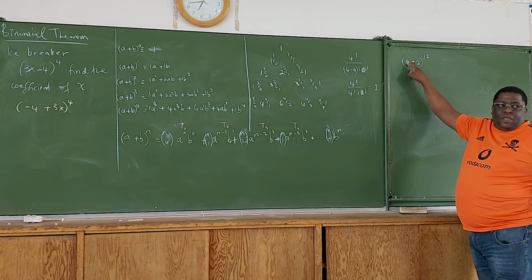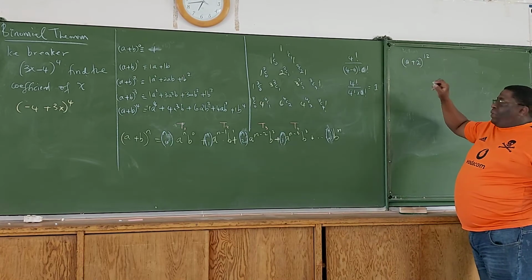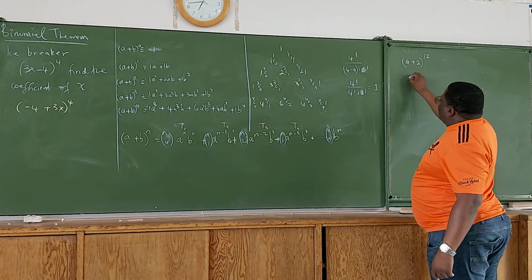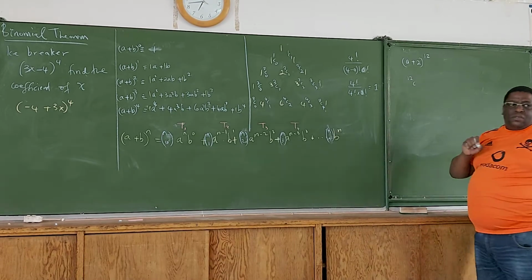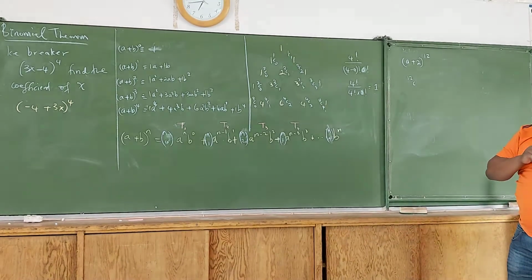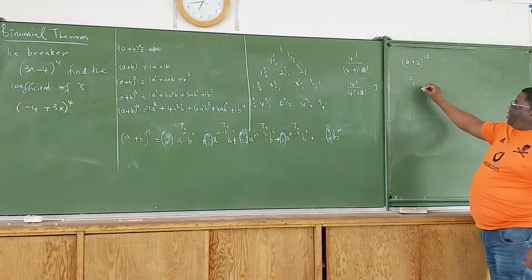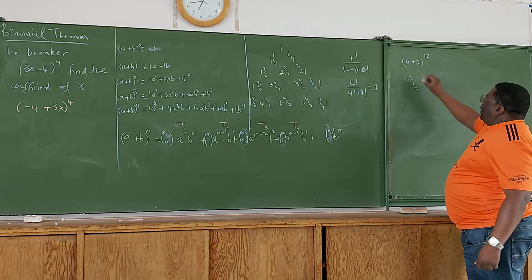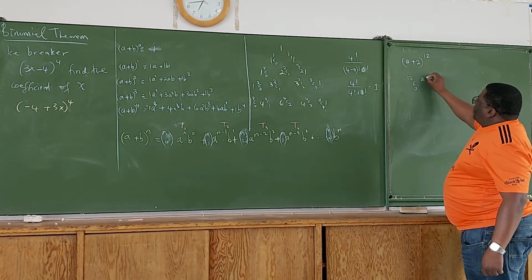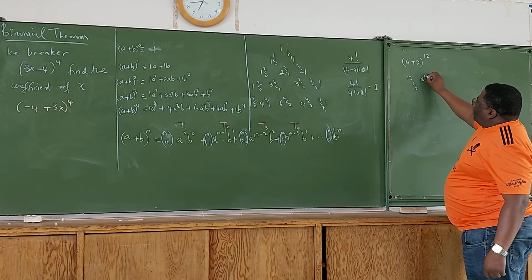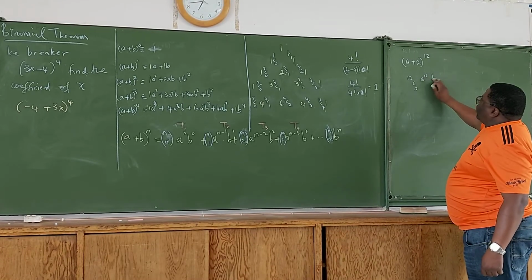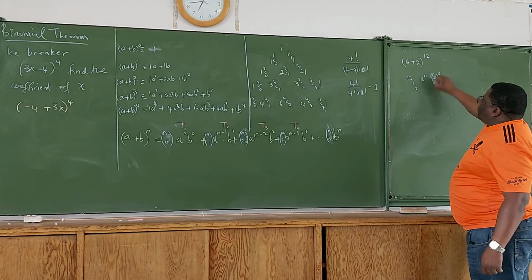Yes, are you with me? And also my vector will be 12C0. Are you with me? 12C0, right? And then this goes A raised to the power of 12, and the 2 raised to the power of 0.